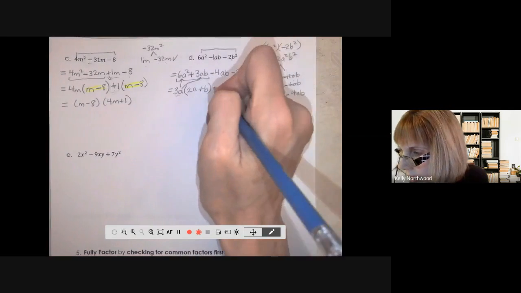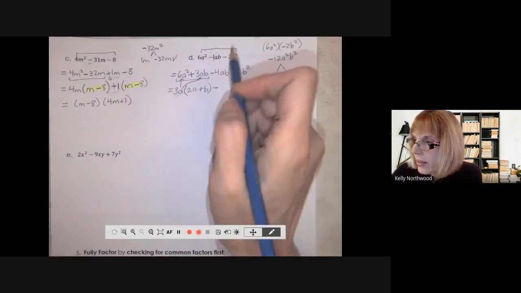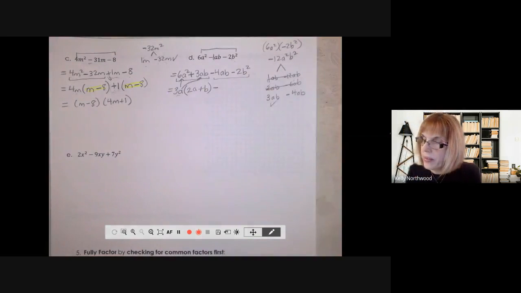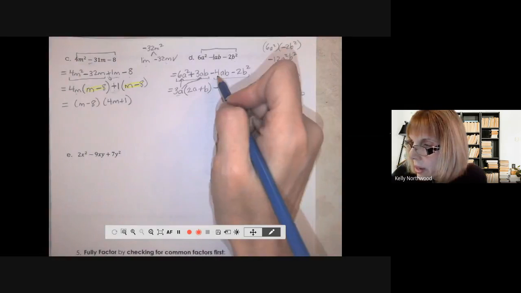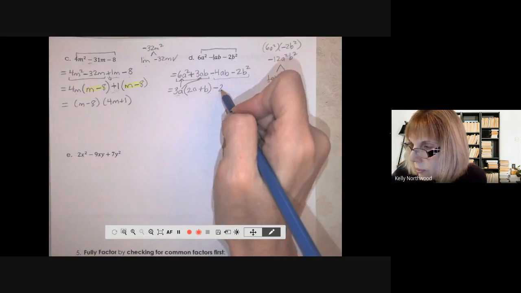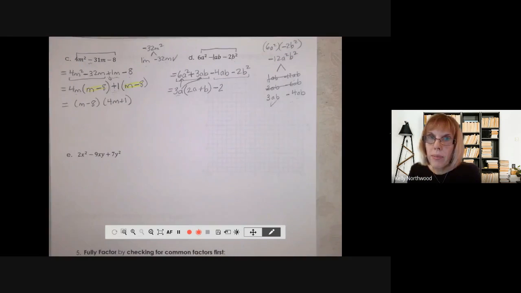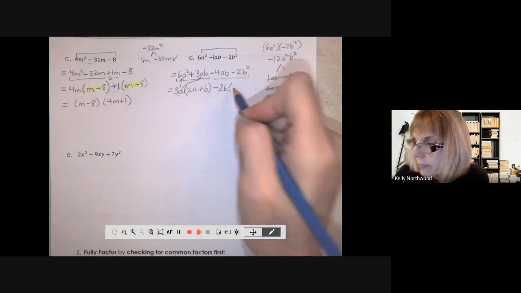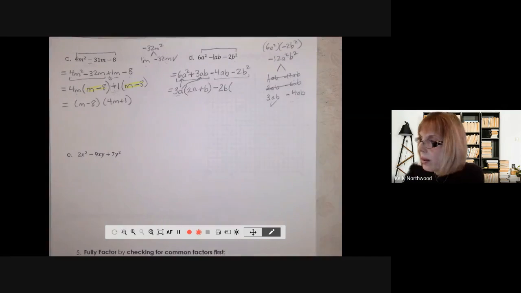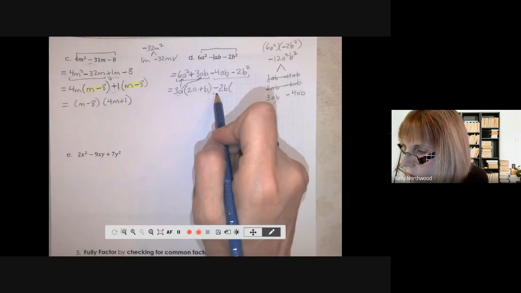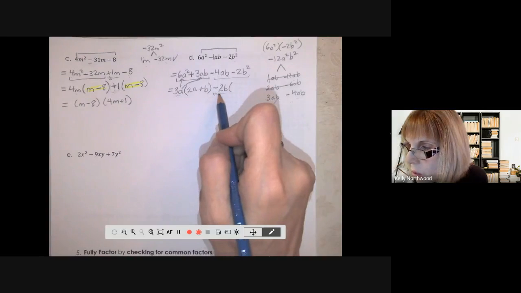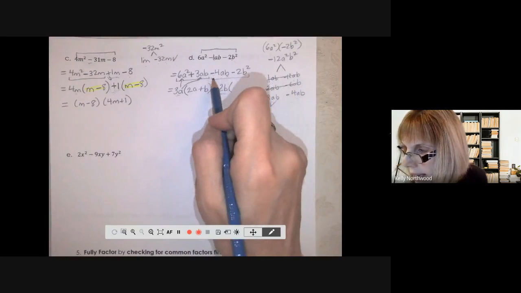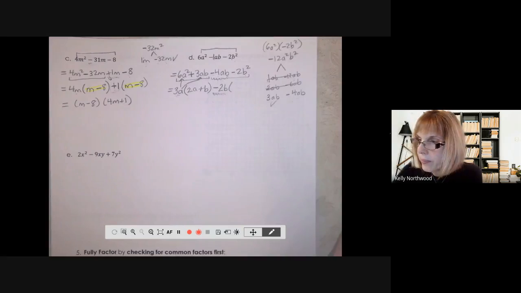Then the sign that comes next goes next. And then you're looking to see what these two terms have in common. So I'm looking at their numbers, 4 and 2. 2's in common. They don't both have an a, so that's not common. They do both have a b, and the smaller exponent is b. So now I'm looking at this term as negative 2b, and I'm thinking, what do I multiply negative 2b by to get negative 4ab?